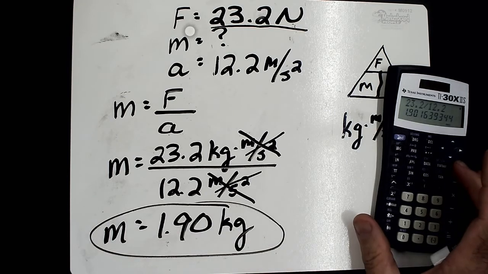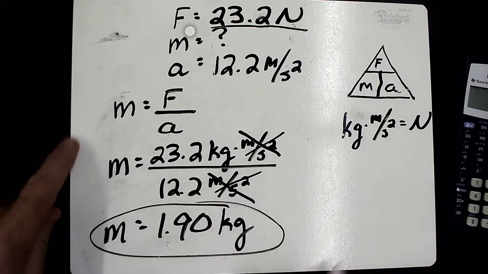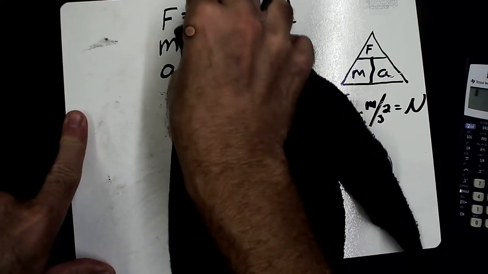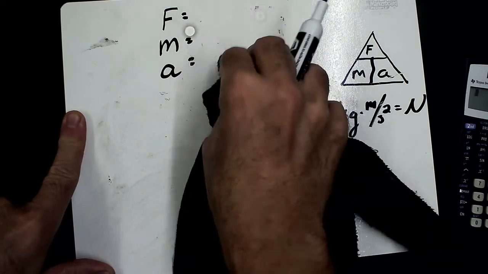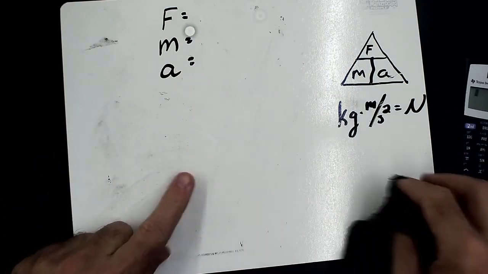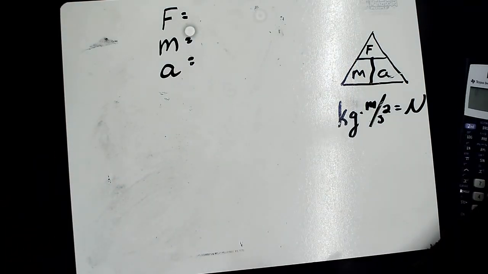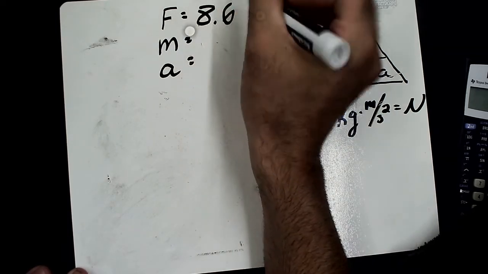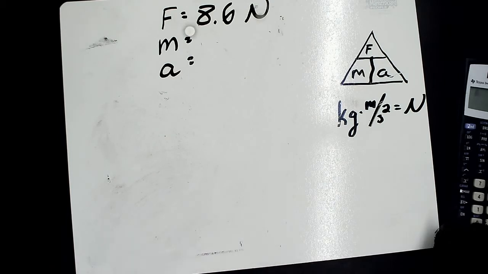Okay, so I'll go the other way. Let's say they give me a force and a mass, and they want me to solve for acceleration. Say my force is 8.6 newtons. They're going to give it to you in newtons.